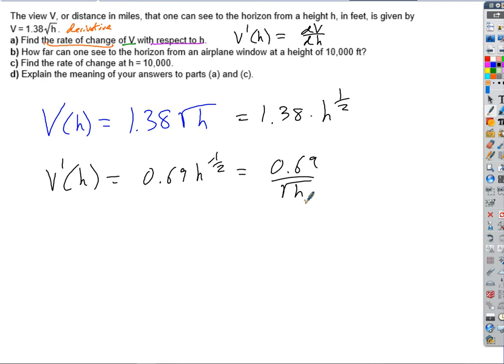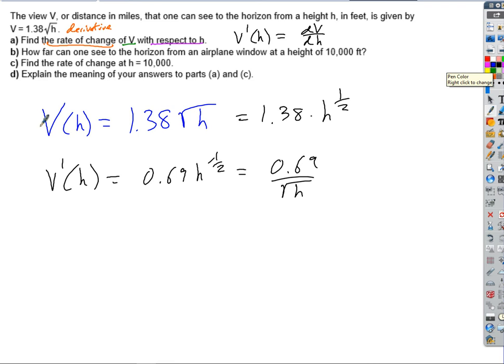So if we want to know how far one can see to the horizon from an airplane window at a height of 10,000 feet, so I want to know then, Liz, the blue or the black, which one am I going to use if I want to answer part B? One of them's right.